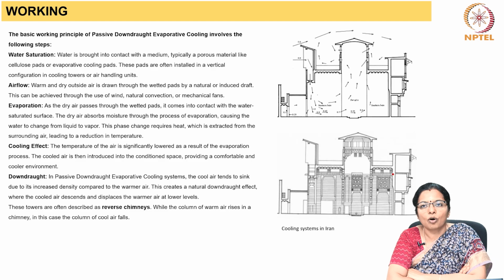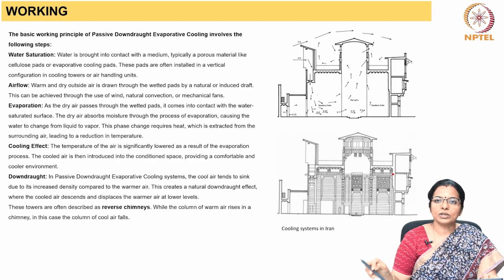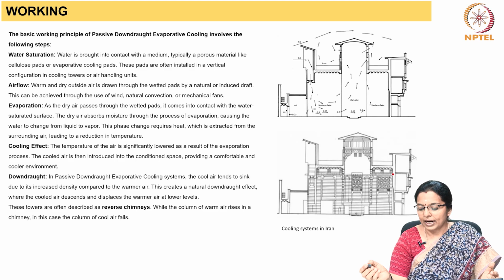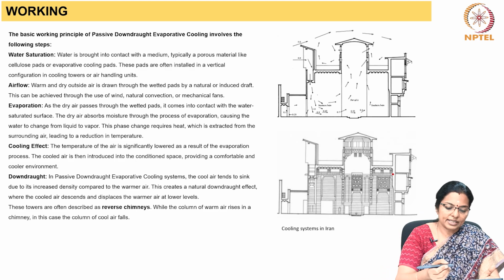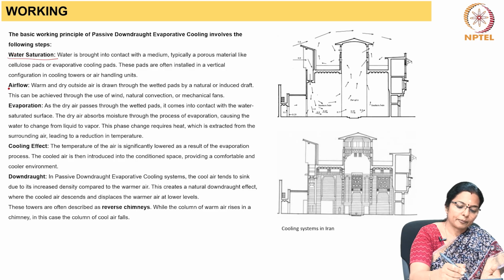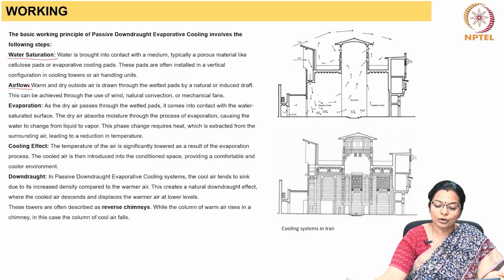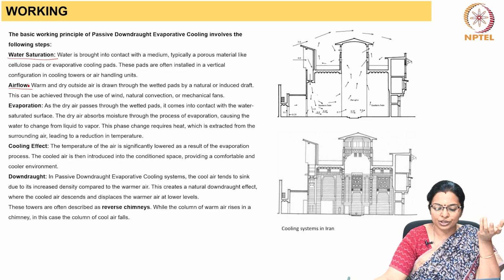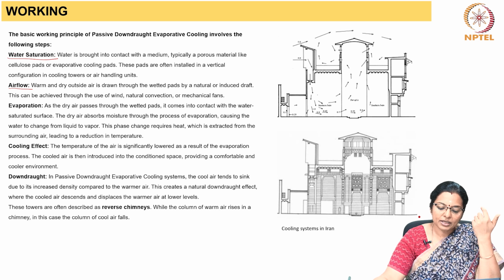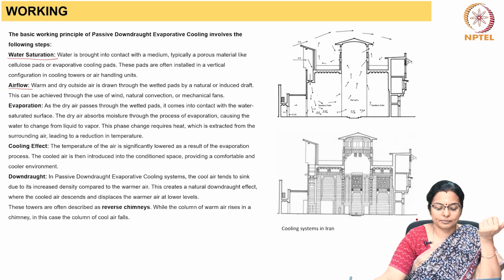These pads are often installed in a vertical configuration in cooling towers or even in air handling units. Then airflow is required. Warm and dry outside air is drawn through the wetted pads by a natural or induced draft. This can be achieved through the use of wind, natural convection, or mechanical fans.